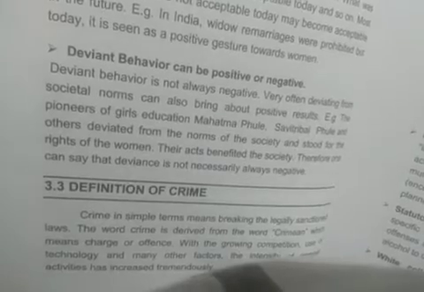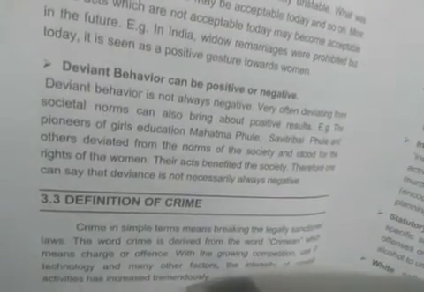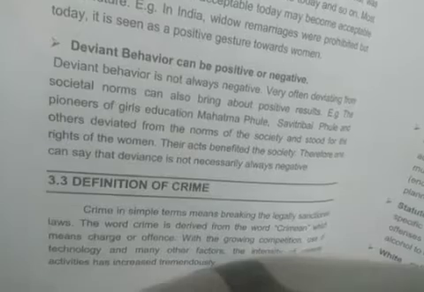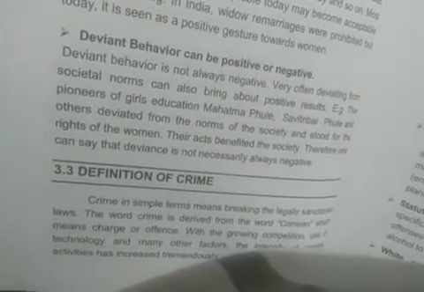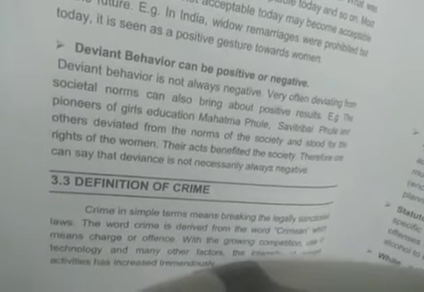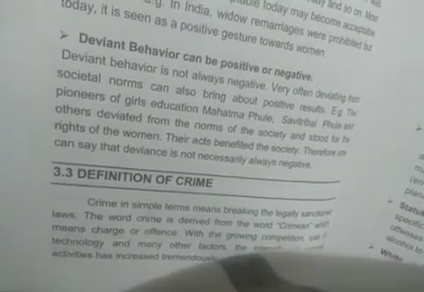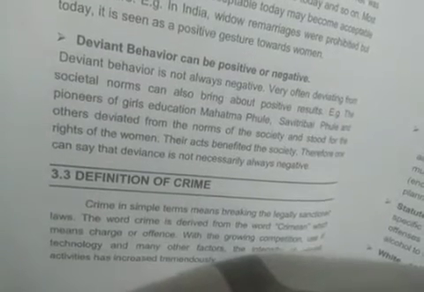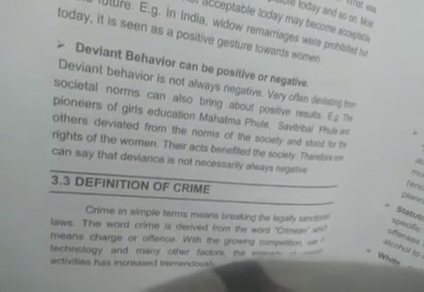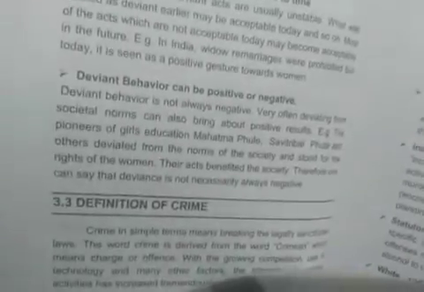What was labeled as deviant earlier may be acceptable today, and so on. Many acts which are not acceptable today may become acceptable in the future. Example, in India, widow remarriages were prohibited, but today it is seen as a positive gesture towards women.